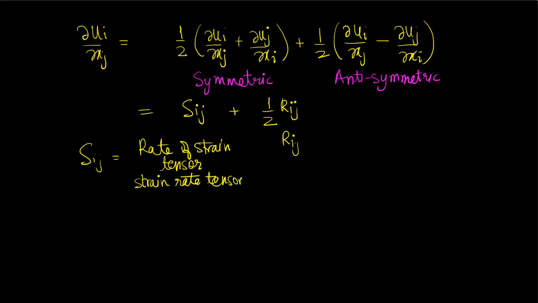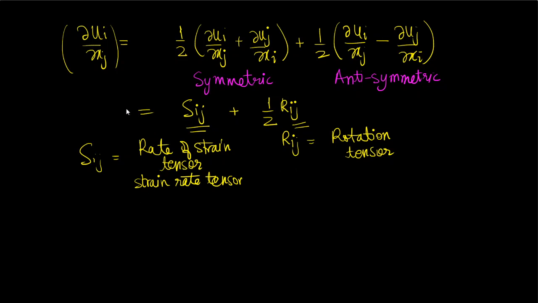Similarly, Rij is called the rotation tensor, and we will see why they are called the rate of strain tensor and rotation tensor in what follows. But the important part is we can split the velocity gradient tensor into a symmetric form and an antisymmetric form, where the symmetric form represents the rate of strain and the antisymmetric part represents the rotation rate.